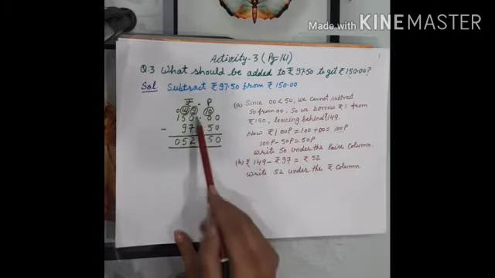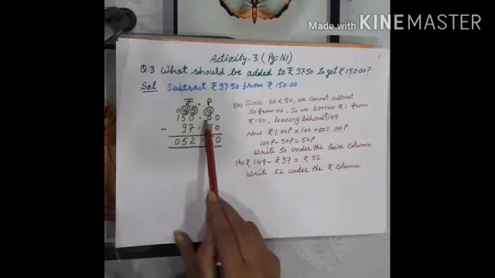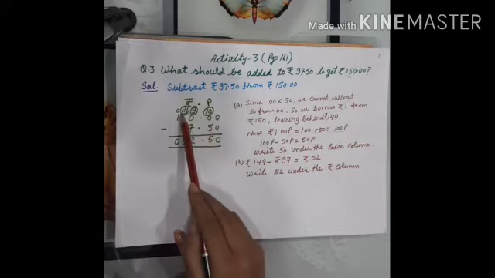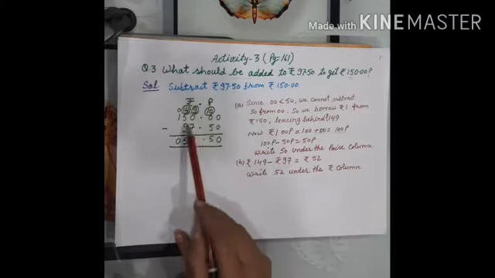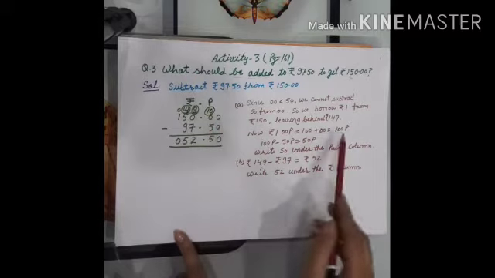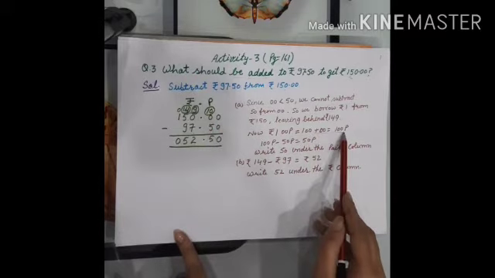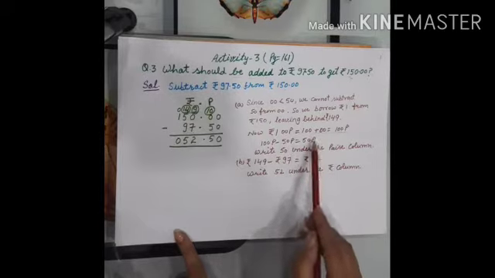So we borrow rupee 1 from rupees 150, leaving behind rupees 149. Now rupee 1 and 0 paise is equal to 100 plus 0, which is 100 paise. 100 paise minus 50 paise is equal to 50 paise.